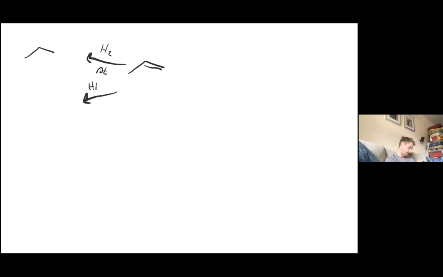Adding in HBr or HCl will let us make haloalkanes. H plus H2O will give us a single alcohol. I'm going to write a note on this one that says can rearrange.